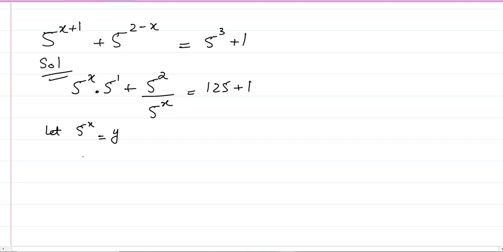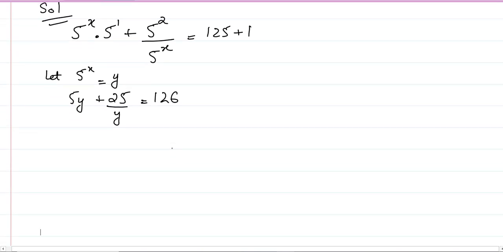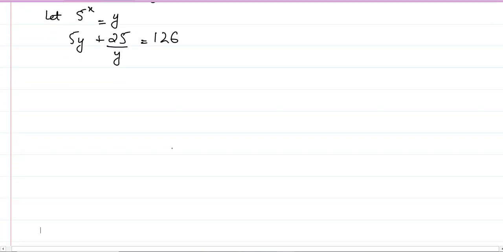So we have y times 5 to the power 1, so we can write 5y plus 5 squared, so it will be 25, divided by y, equals 125 plus 1, which is 126. Now let's make some space here. We will first find the values of y and then plug them into this equation. Let's call it equation number 1. Then we will have our solutions for x.